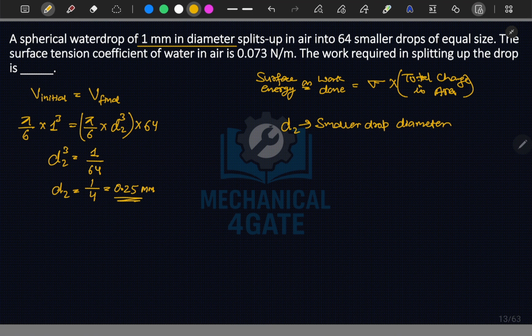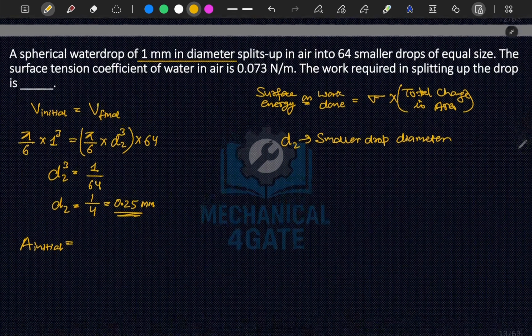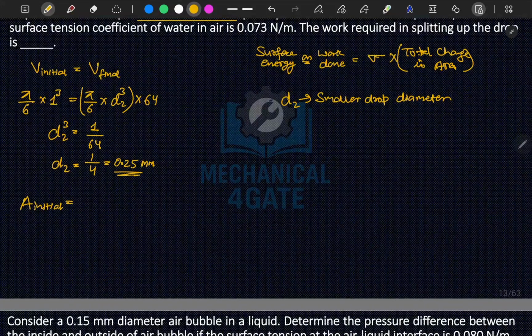Now, to write the work done, I will have to calculate the change in surface area. So delta A is the final surface area minus the initial surface area. The initial area, since it is spherical in shape, is pi d square, which is equal to pi mm square.